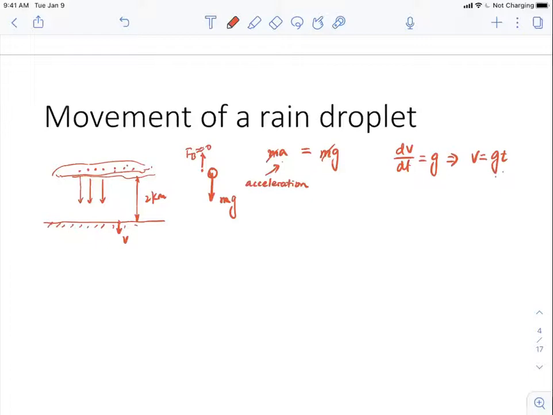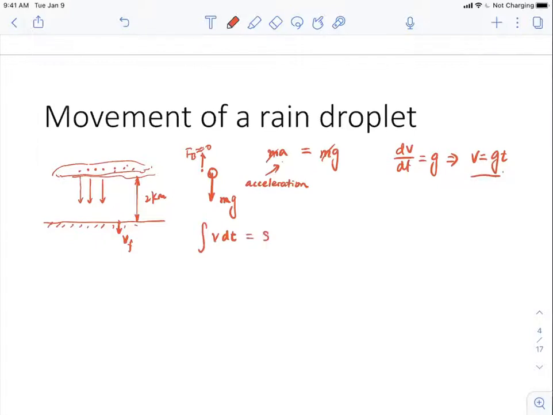So then the question comes, how do we calculate the final velocity of the droplet? We know the distance from the cloud to the ground, that's 2 kilometers. We know the velocity as a function of time, so we can integrate this velocity to get distance.